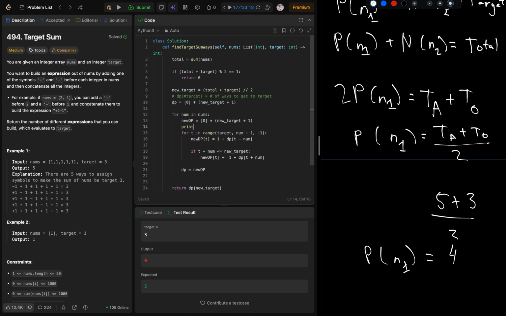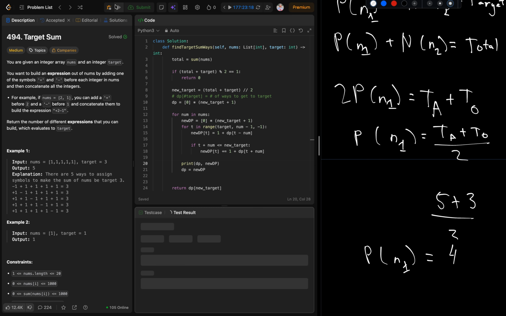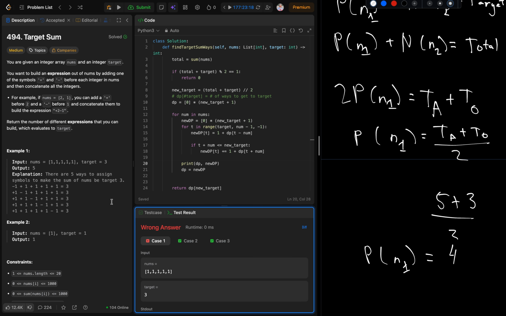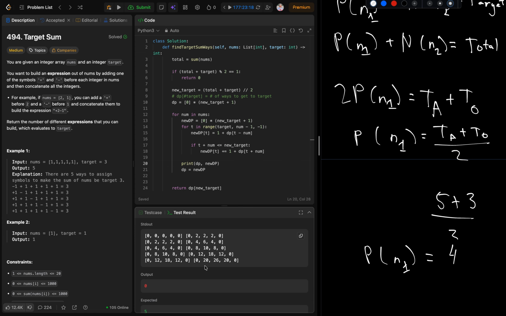Can we print dp? Whoa. Wait, what? How did that work? Yeah, I see that.